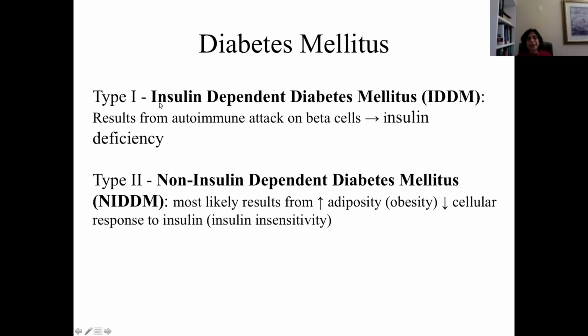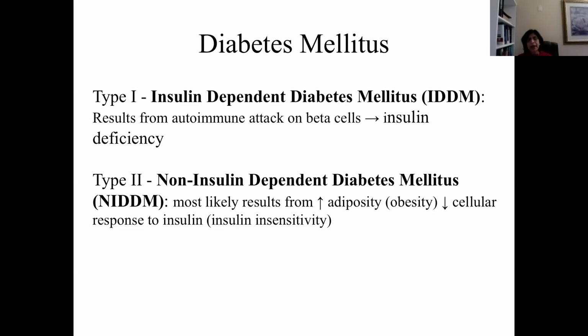Type 1 is where the pancreas is not able to produce insulin. In the majority of cases, it is an autoimmune disease where the tissue is destroyed, whether it is the beta cell, an enzyme, or insulin itself.